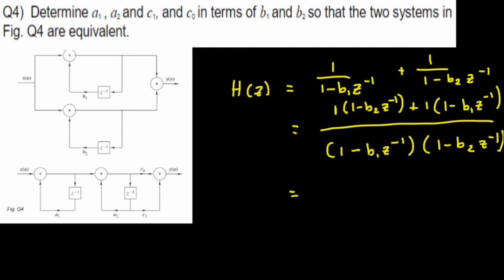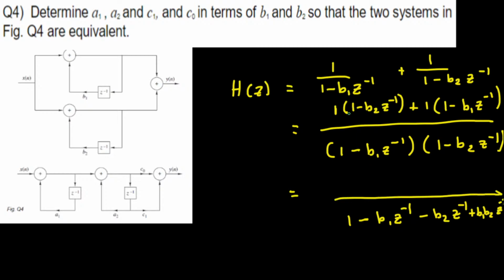And we have to expand the denominator. If we do that, then the denominator becomes 1 minus b1 z power minus 1, and then minus b2 z power minus 1, then plus b1 b2 z power minus 2. And the numerator, I can simplify furthermore.